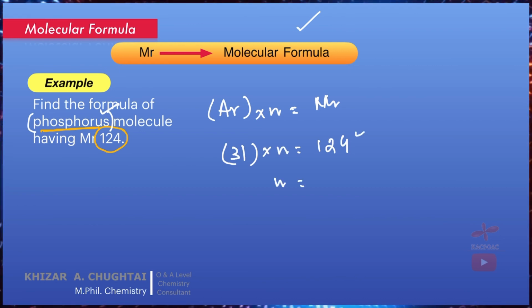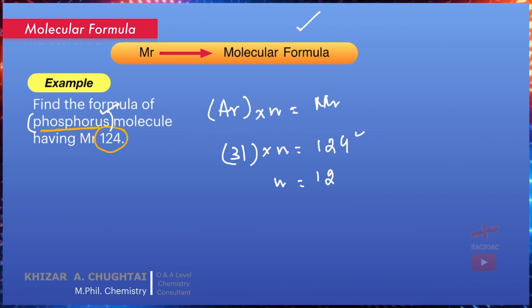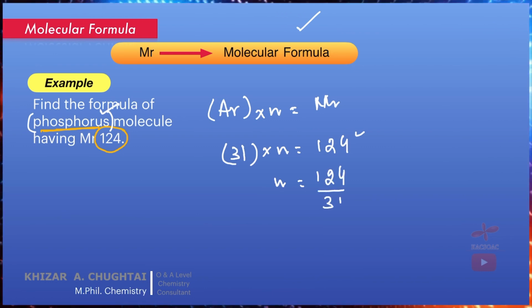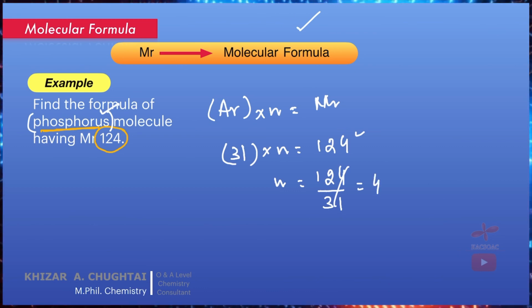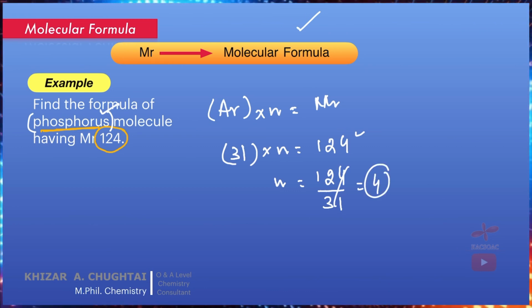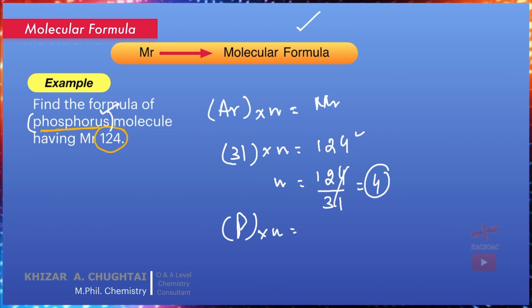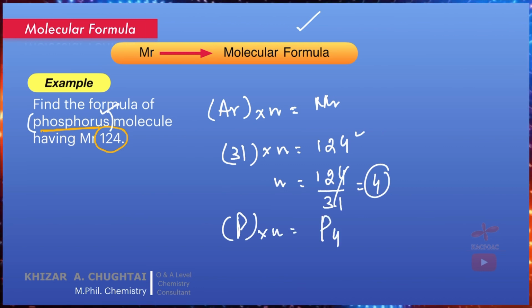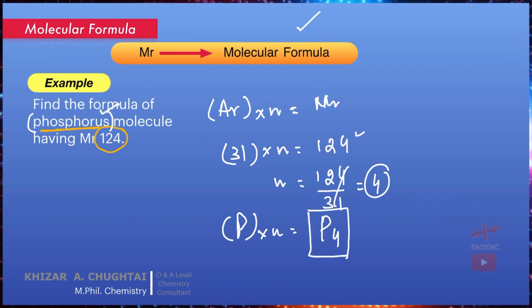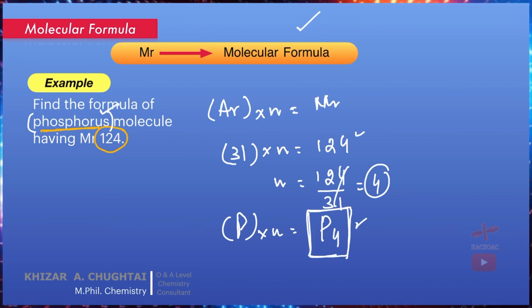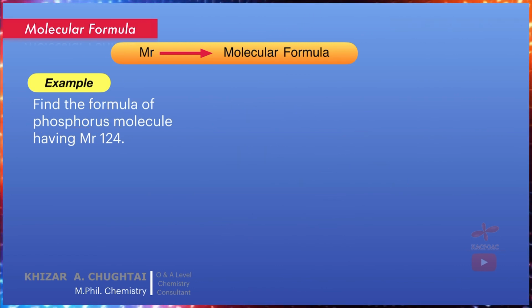In this case, N is equal to 124 over 31, and the answer is equal to 4. So the number of moles of phosphorus is equal to 4. So this is called the molecular formula of normal phosphorus, P4.